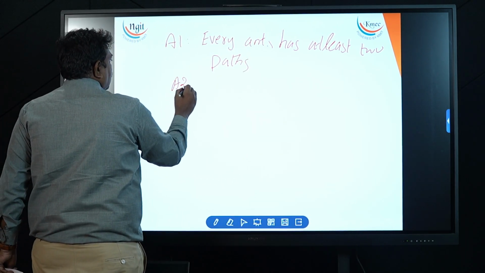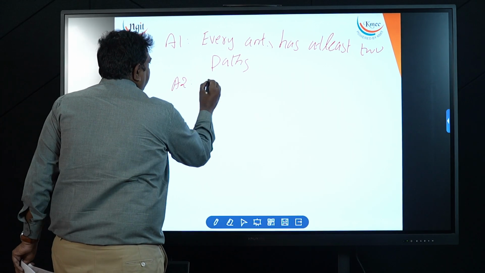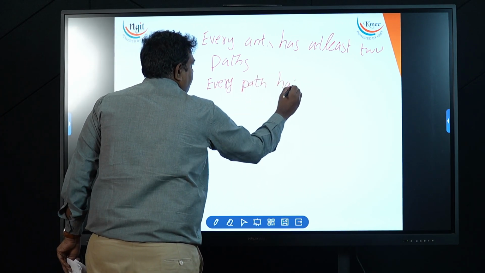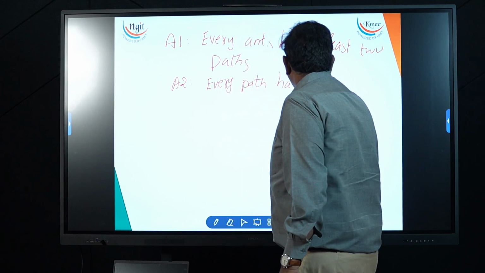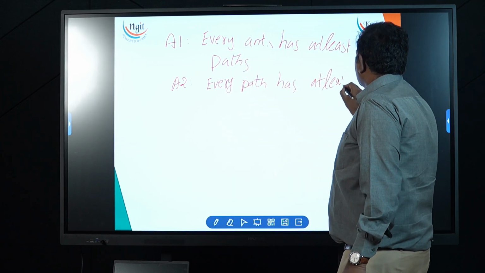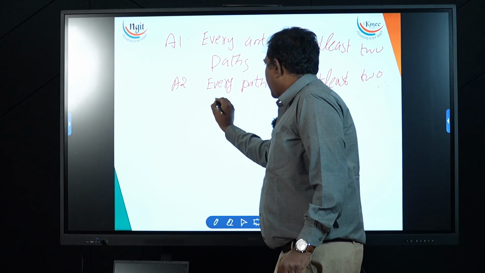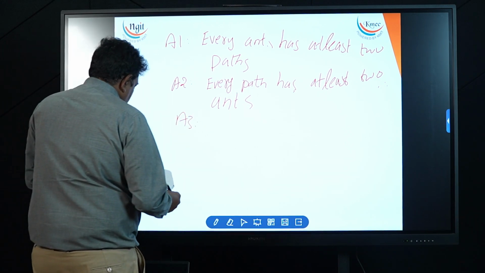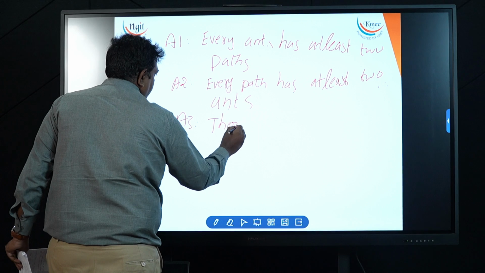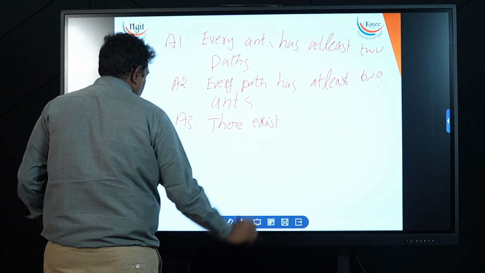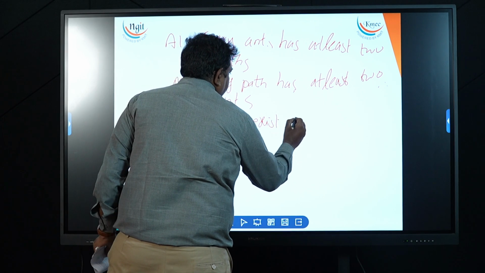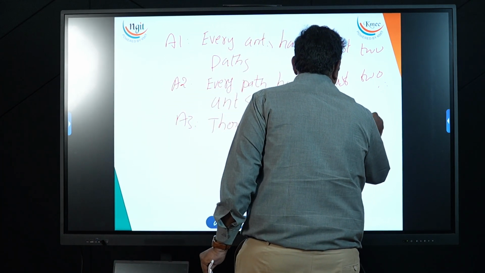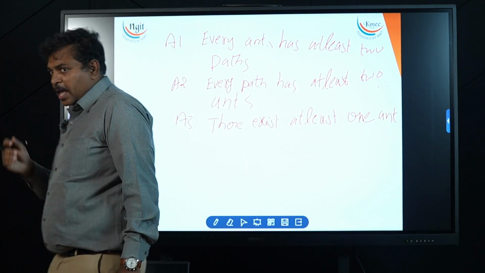Axiom A2: every path has at least 2 ants. Axiom A3: there exists at least 1 ant. So these are the 3 axioms I have given.